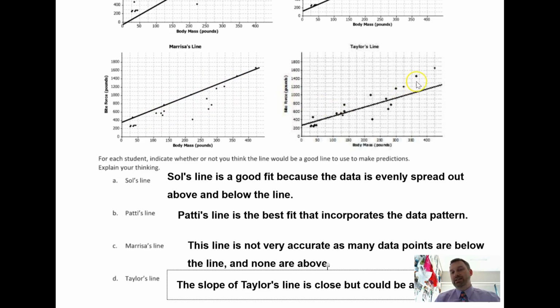And then Taylor's, again, not horrible, but should probably be a little bit steeper. Take a moment, and even if you need to pause the video, get these four explanations for the students on why their line was or was not a good fit. Again, pause it if you need to.